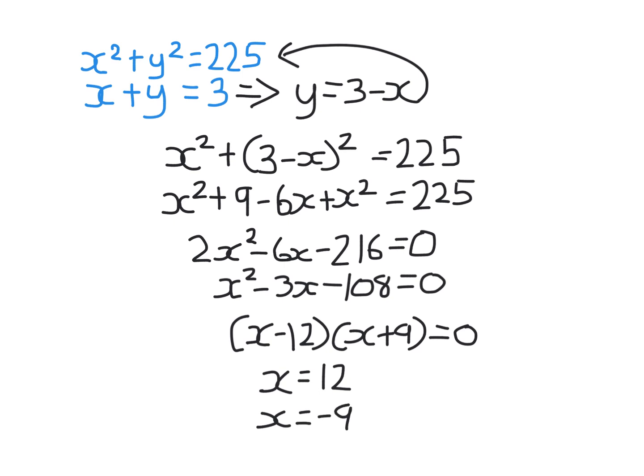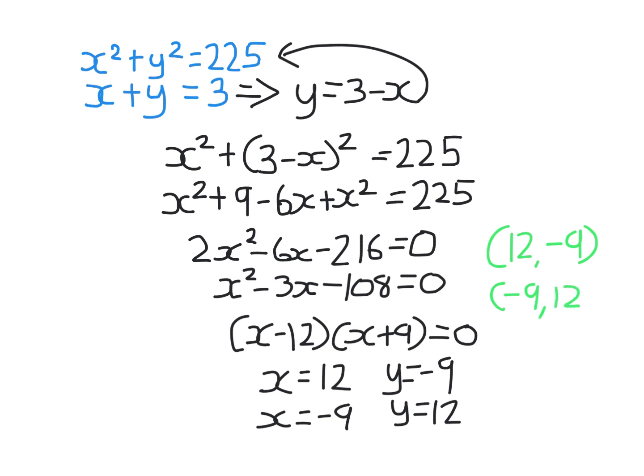In both these cases, I need to find what y is. So x plus y equals 3. If x equals 12, y equals negative 9. If x equals negative 9, y equals 12. So once again, there are two solutions, 12, negative 9, and negative 9, 12. Both of these are valid solutions.